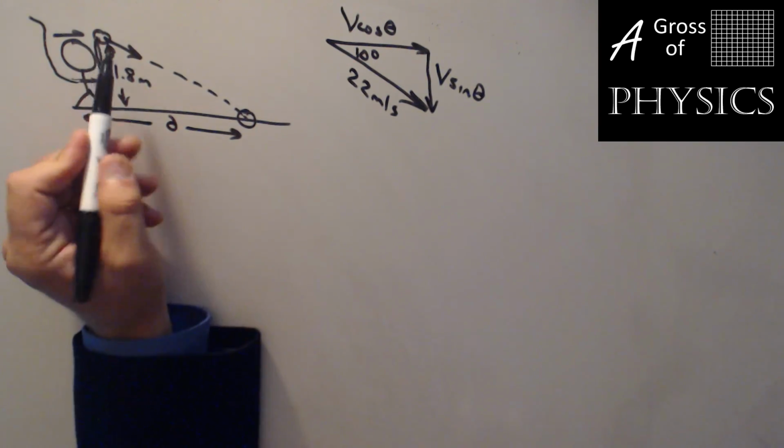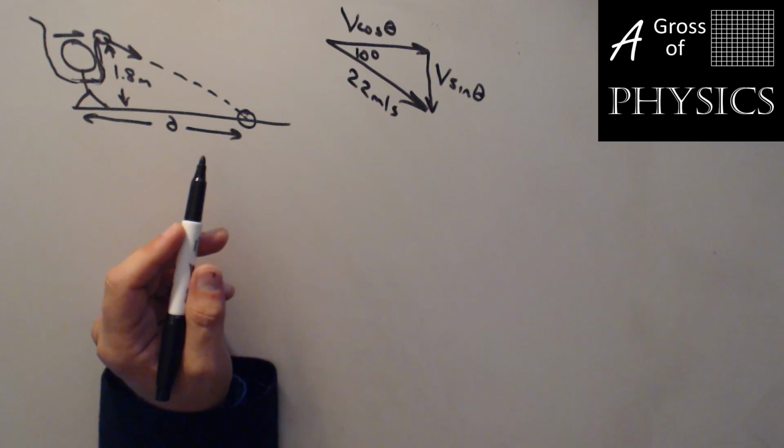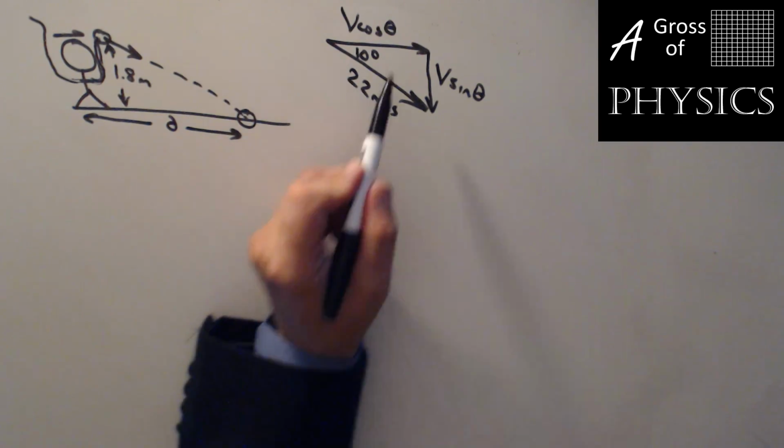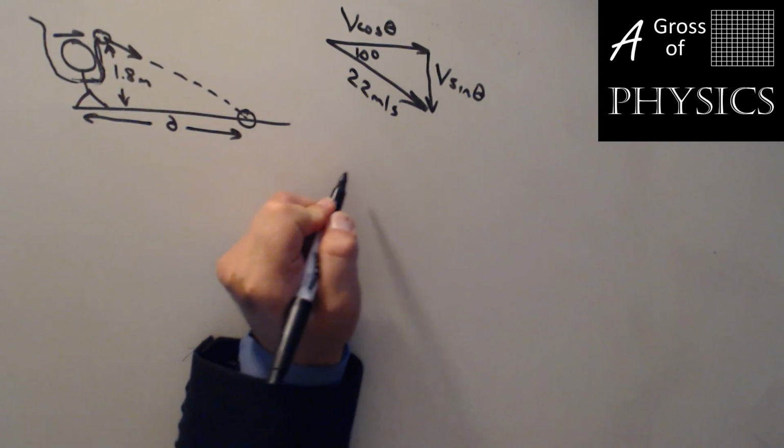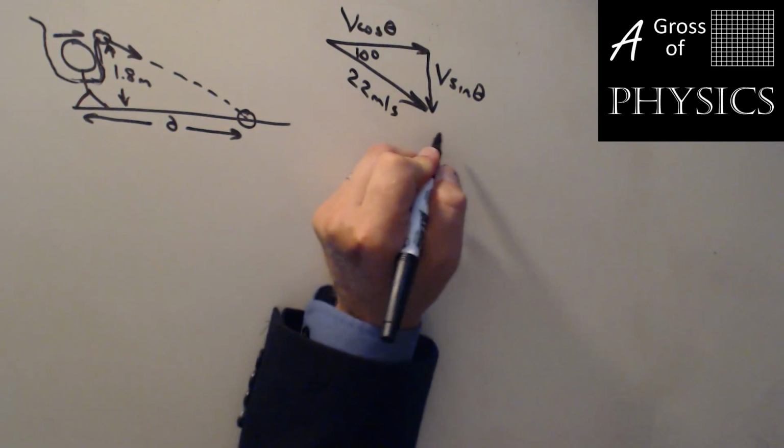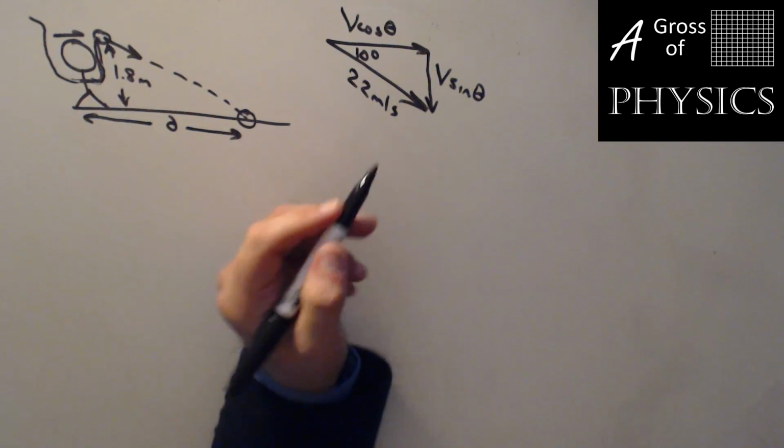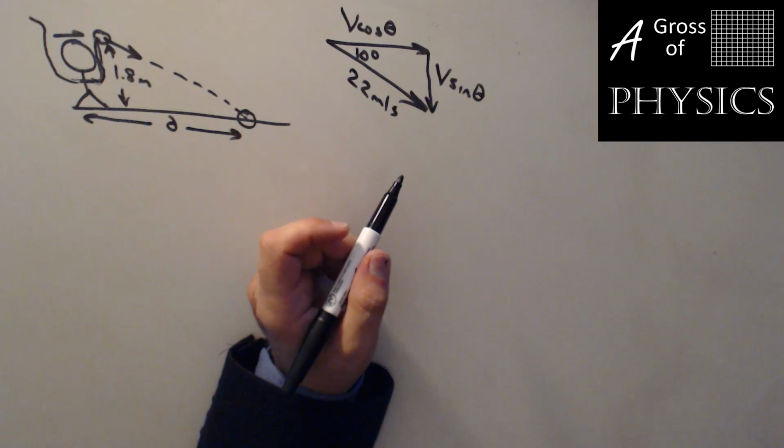Now, that being said, 22 meters per second is the way I'm throwing the ball. In this case, it's with a 10-degree angle down. So instead of drawing my right triangle upward, I have the hypotenuse pointing in the downward direction.